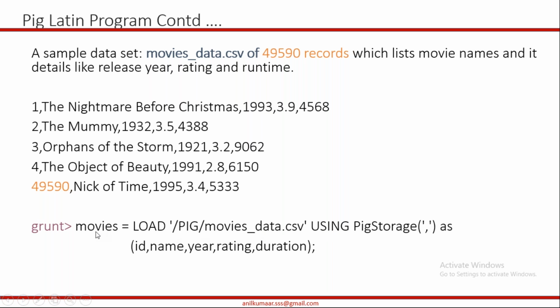So movies is a relation, or simply a variable. We already copied movies_data to HDFS, and here I'm giving the location of the data. Maybe I created one folder, Naresh, in HDFS and kept the data there. So you give LOAD with single quotes around the location, Naresh/movies_data.csv. That's it.